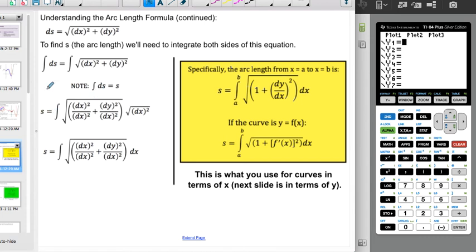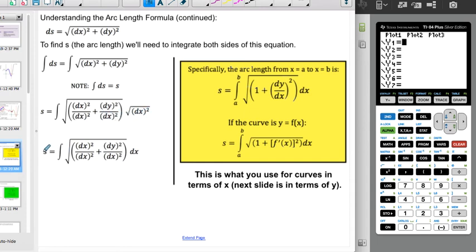So when I integrate ds, I just get s. On this side, usually I have to have some variable of integration sitting out here on the outside. The way I get that variable of integration is by factoring out a dx squared. So I'm going to factor out a dx squared and pull this out here. That means I have to divide by dx squared and divide by dx squared.